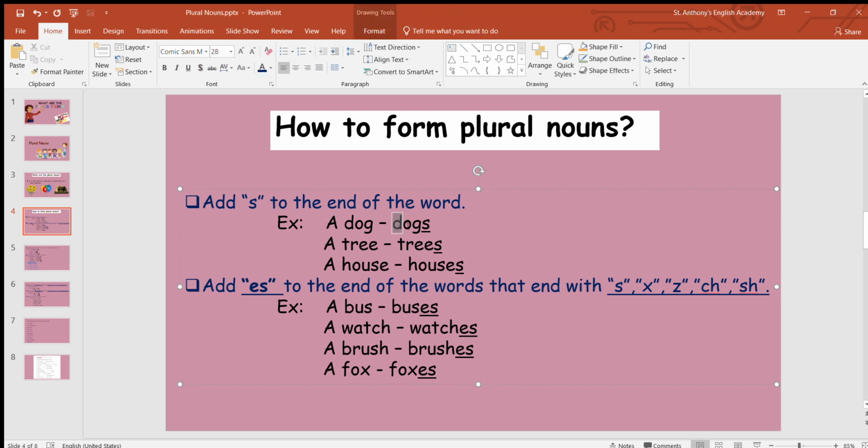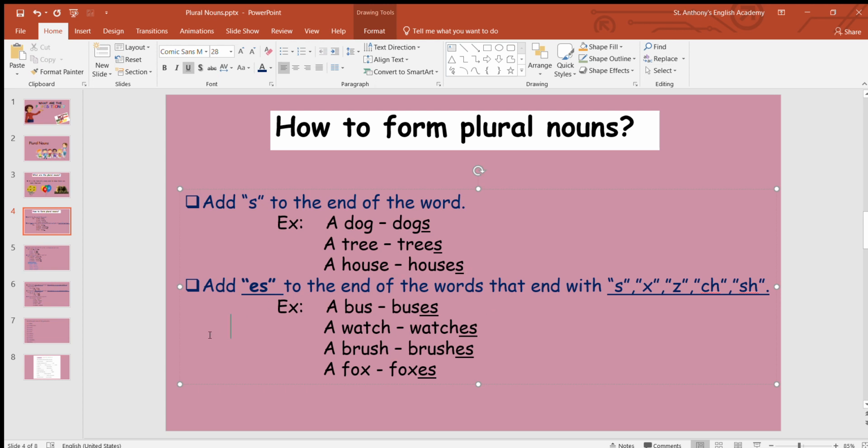It is dogs. A dog, dogs. We added S. A tree. How to form the plural noun for that? We can say trees. A house. What is the plural noun? You can say houses. So the first way is you can add S to the end of the word.